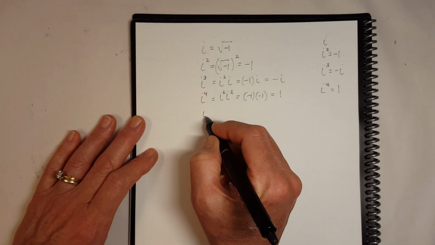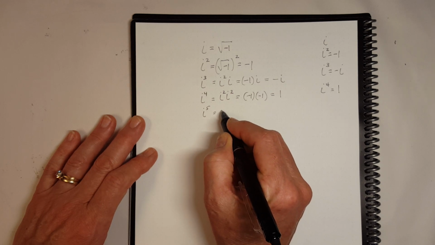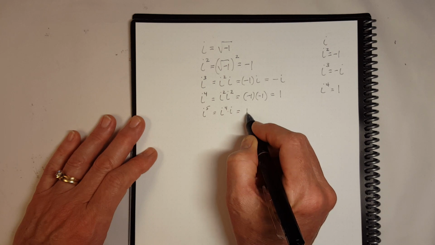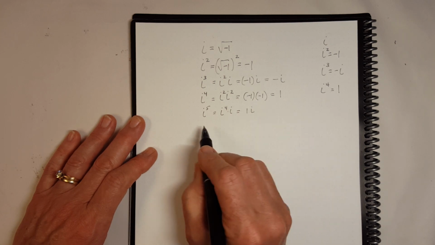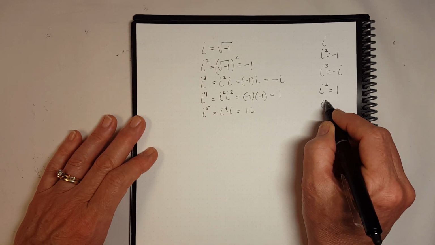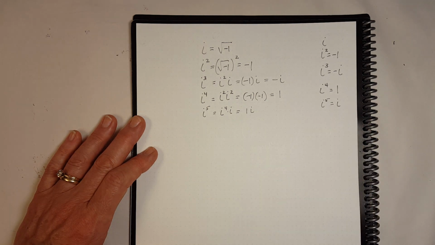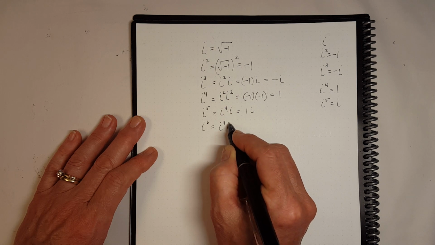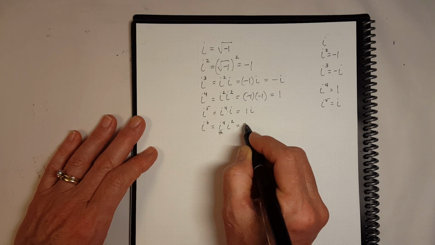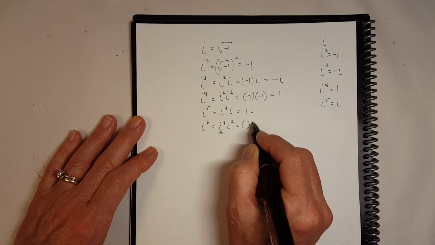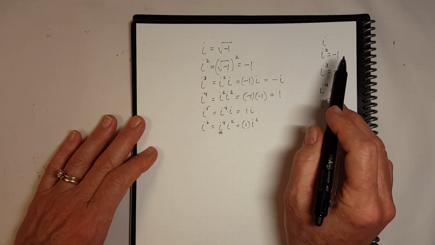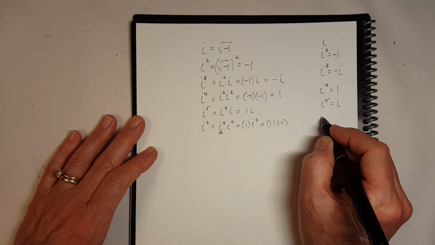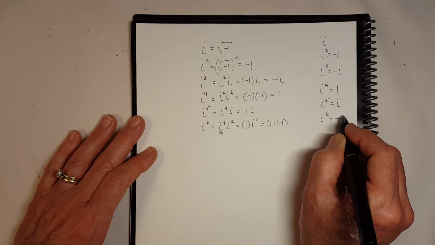So for example, if I said i to the 5th, I'm going to call that i to the 4th times i to the 1. But i to the 4th is 1. And so i to the 5th is just 1 i. i to the 6th is equal to i to the 4th times i squared, but i to the 4th is 1. So that becomes 1 times i squared, but we know that i squared is negative 1, so that becomes 1 times negative 1. So i to the 6th is equal to negative 1.